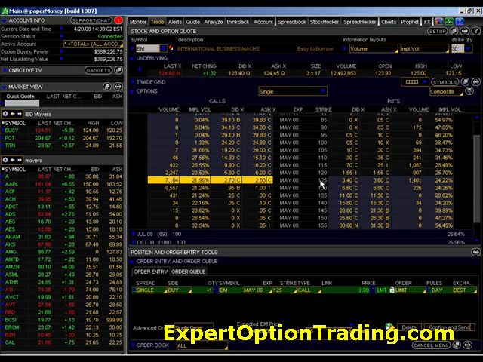Cool, right? Because you could immediately exercise your option and pocket the difference between $125 and $145, where the stock is currently trading.